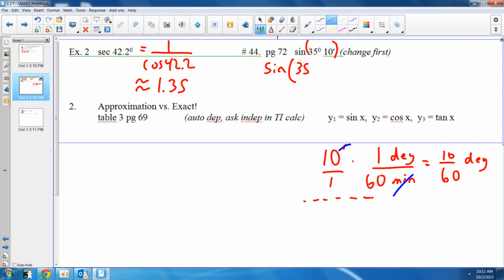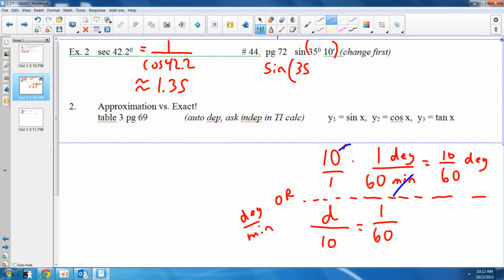The second way that you can think about it is to do a proportion, where it's degrees over minutes equals degrees over minutes. You want to find out the number of degrees, so I'm just going to say degree d over the minutes that you know, which is 10, is equal to the degrees 1 over the minutes 60.